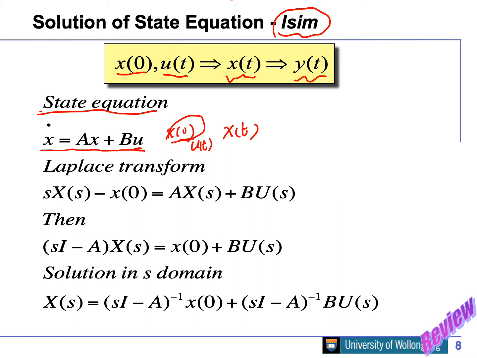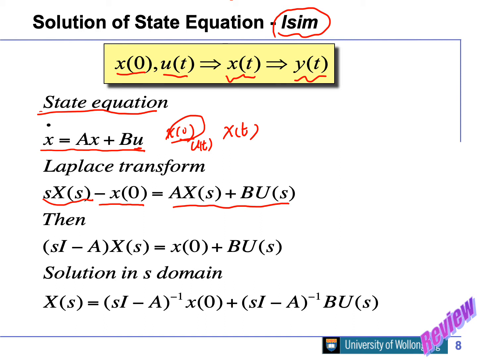X dot becomes sX(s) minus x0, in the Laplace domain. On the right hand side, if we take the Laplace transform, x just goes to X(s), u just goes to U(s). Now we make the frequency domain variables capital, and the lowercase x is in the time domain, just to differentiate them.